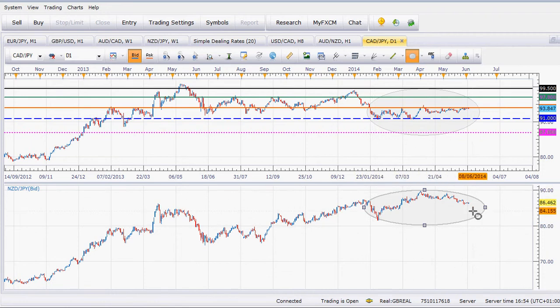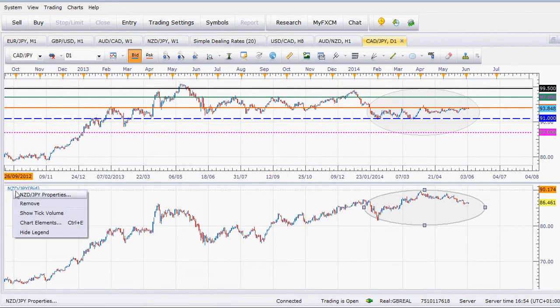But recent performance, look at these areas. If I just highlighted this area here, and this area here, you can see there's a fair difference. Congestion, maybe a breakout, and this is high and then coming down to low.